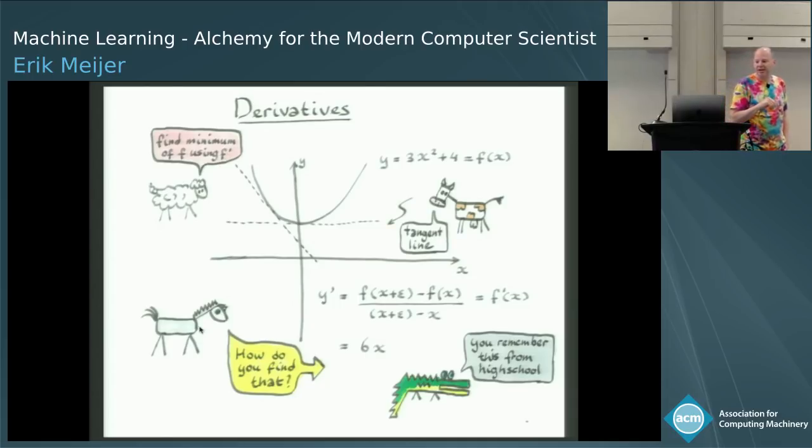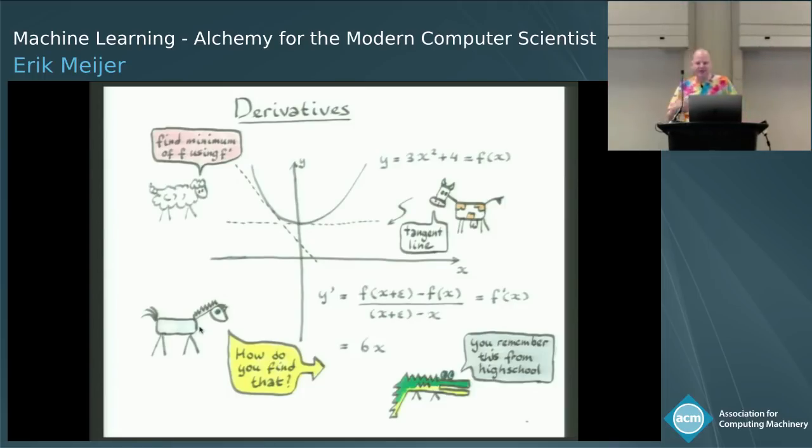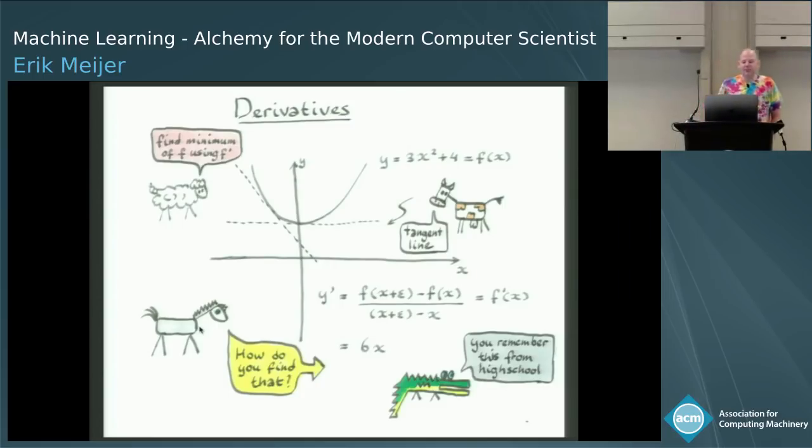Now, the traditional way to define the derivative is this division. So you take f of x plus epsilon minus f of x, divided by (x plus epsilon) minus x, and then you make epsilon go close to 0. If I compute the derivative here, then you find that the derivative function looks like 6x.